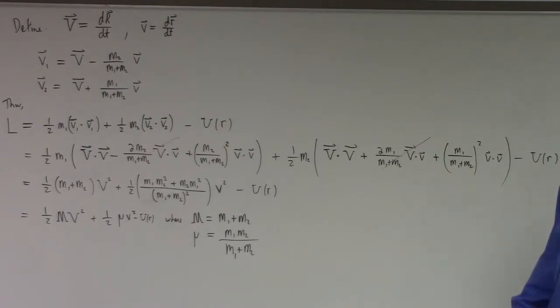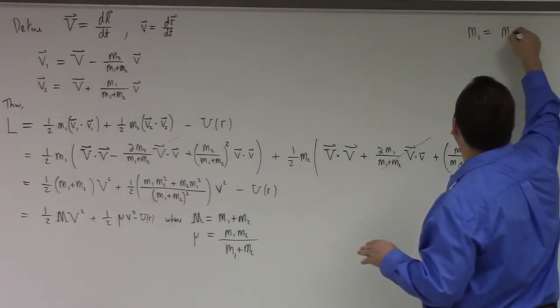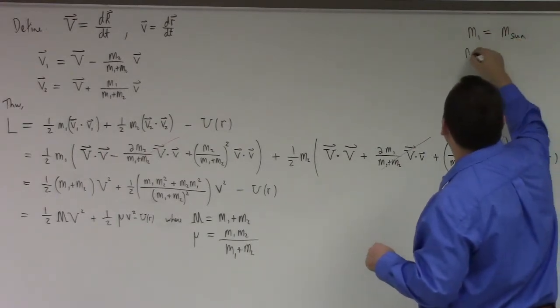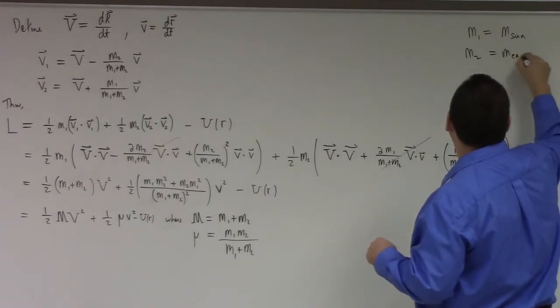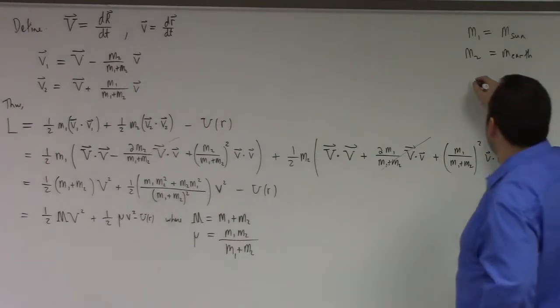So a typical application of this, you guys, would be something like m1 is equal to the mass of the sun, right? And m2 is the mass of the Earth. All right? In that case, the reduced mass is what?